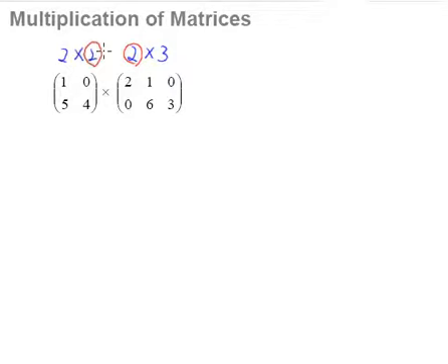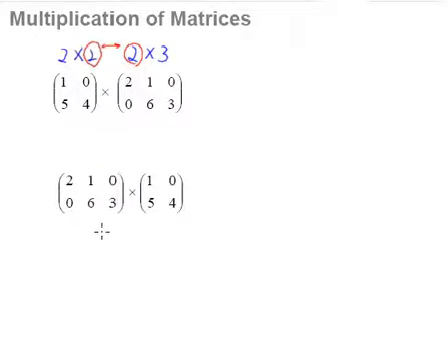These two digits have to be the same. If this is a 2 and this is a 2, then you say, aha, they are multipliable. In cases where these are not the same, then the two matrices will not be multipliable.